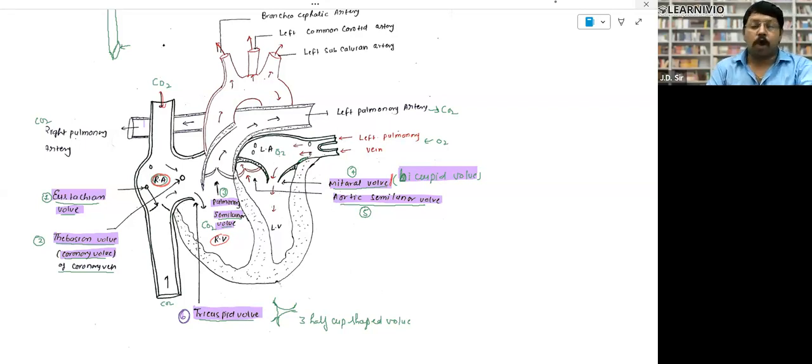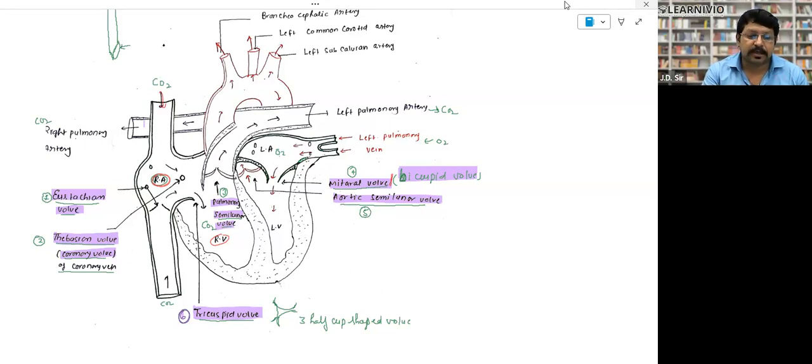Aortic semilunar valves are found between the aorta and left ventricle to prevent backflow. Valves are very important.